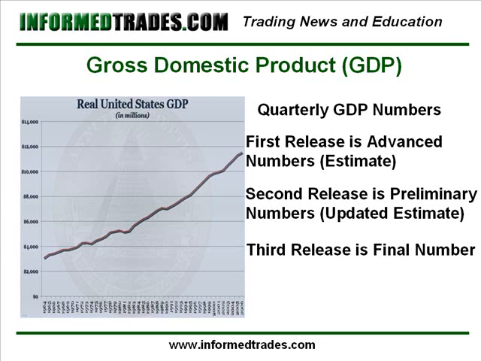So when the preliminary numbers release, they're going to look for any significant revision over the advance number. And when the final numbers release, they're going to look at any significant revision over the preliminary number. If there are significant revisions, you can see pretty heavy market action after that as prices adjust accordingly.